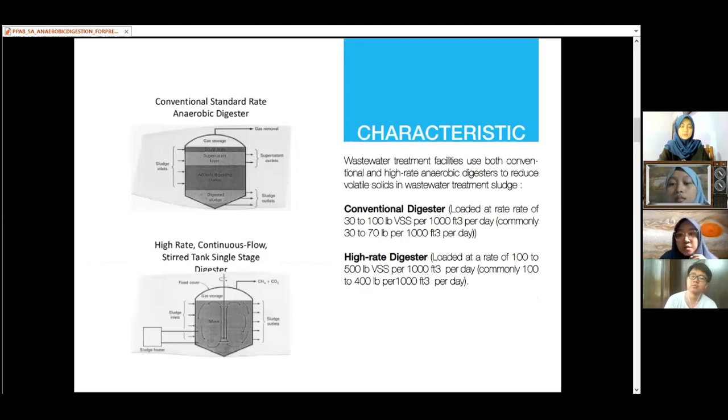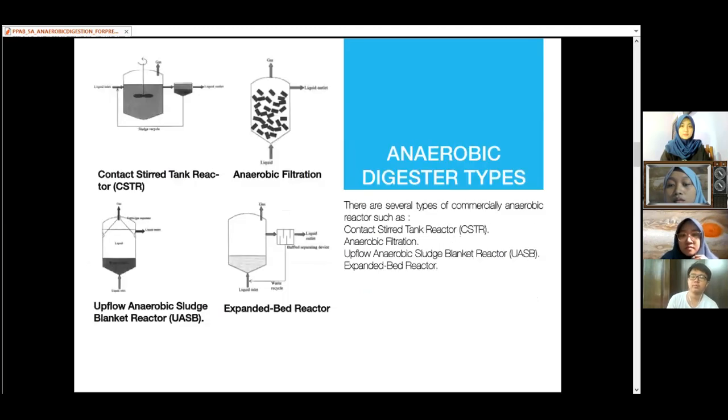The difference between them is velocity. There are several types of commercial anaerobic reactors such as CSTR, anaerobic filtration, UASB, and expanded bed reactor.